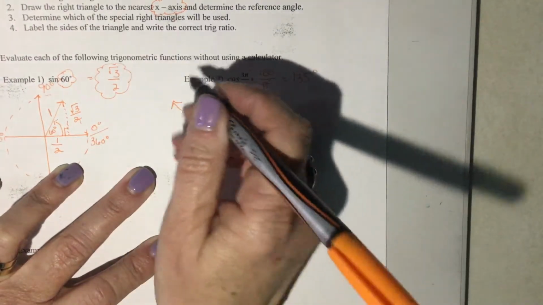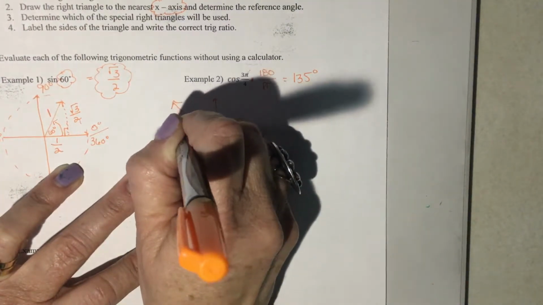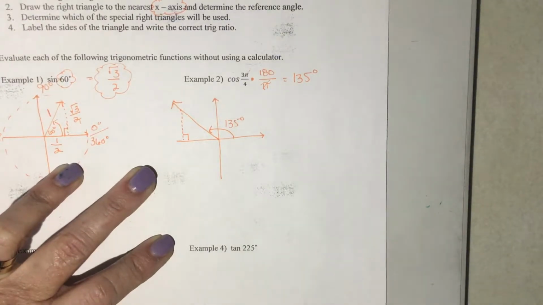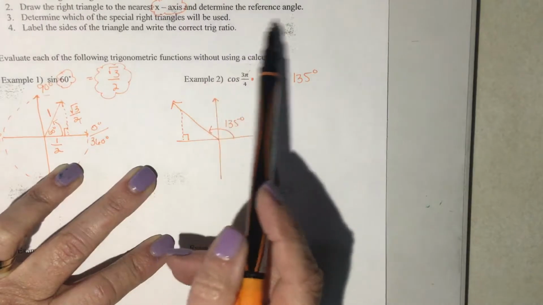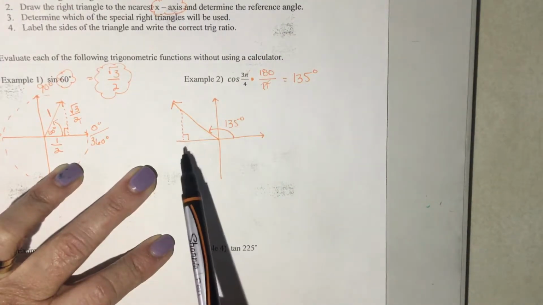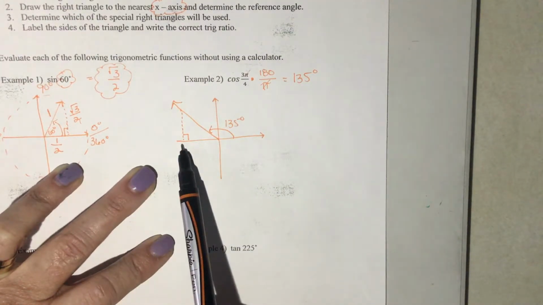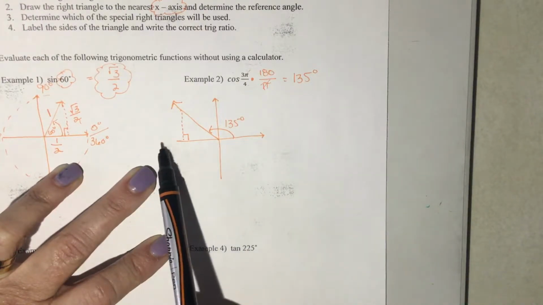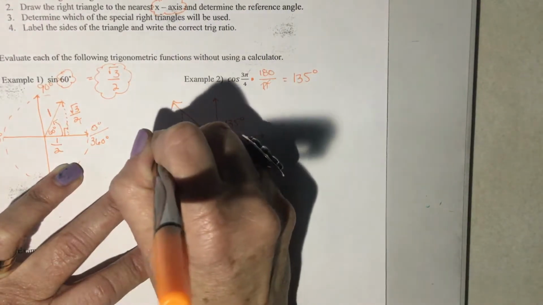Then it says draw the right triangle to the nearest x-axis. So I'm just going to drop down a perpendicular line to the x-axis. Then I want to determine the reference angle. Where this dotted line touches the x-axis is what degree? If I would extend this x-axis out, what degree is this? This is 180.